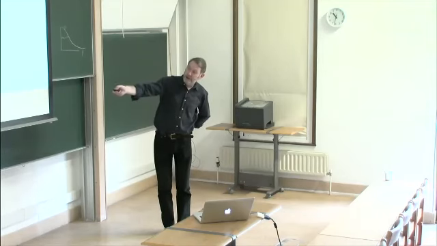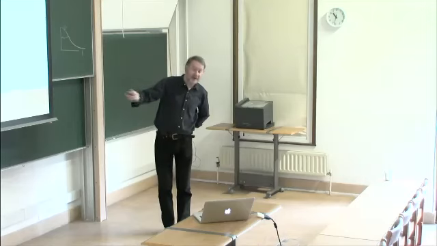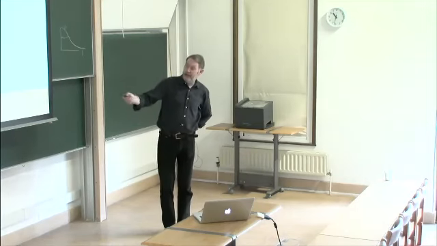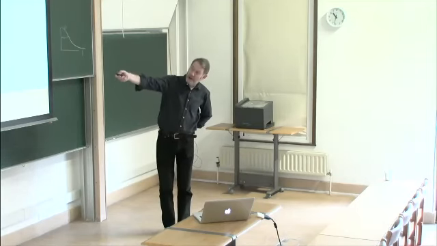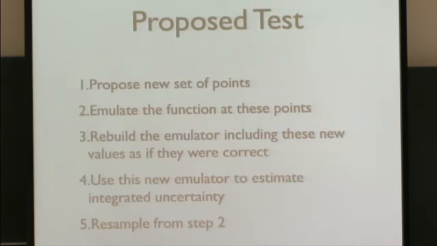And then we could use that emulator to estimate the integrated uncertainty and go back up here, do this system continually, sampling from the emulator to see which is the most efficient to actually add more points to our space filling design, or to actually try to estimate the space scales better. I haven't actually implemented that yet.